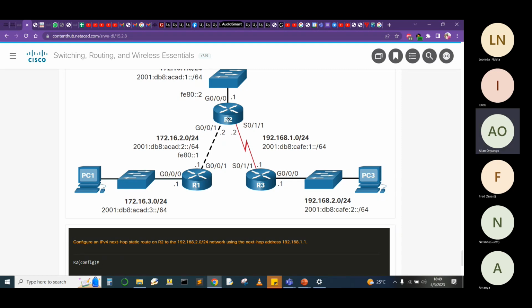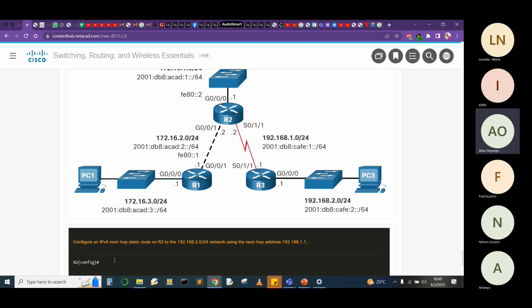From R2 to R3 LAN, the exit interface of R2 will be S0/1/1, and the next hop will be 192.168.1.1.